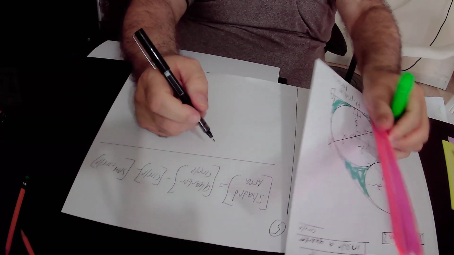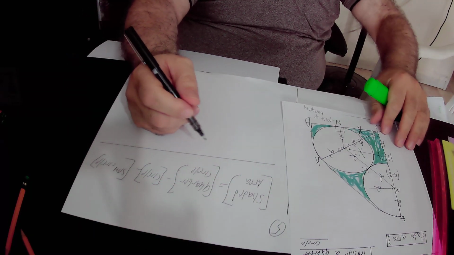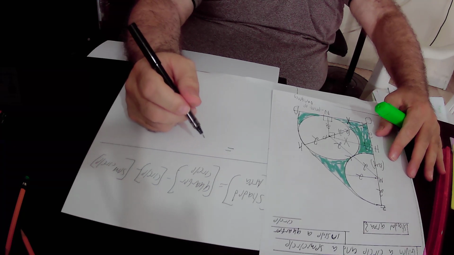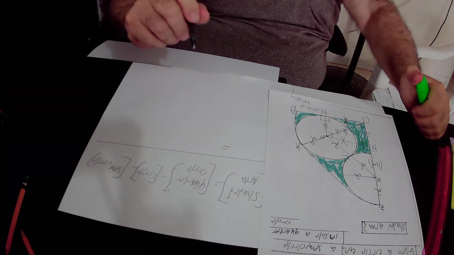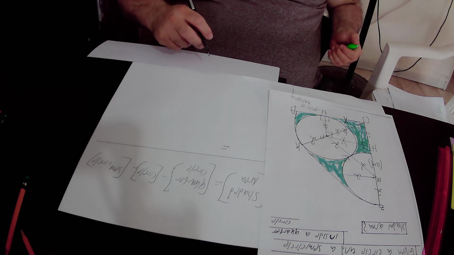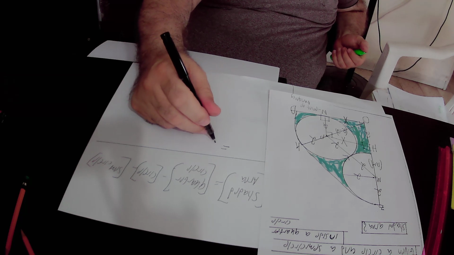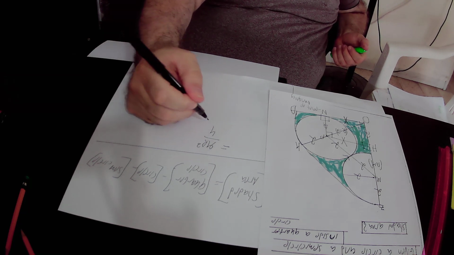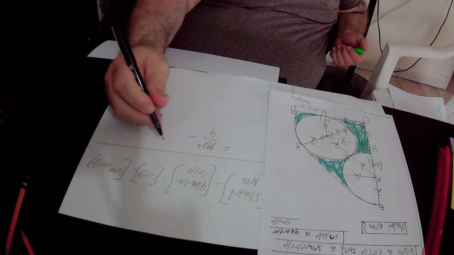So actually we found out that the shaded area that we are looking for equals the area of the quarter circle, and the area of any quarter circle equals the area of the circle, that is pi r squared, over 4, of course, minus the area of the circle.